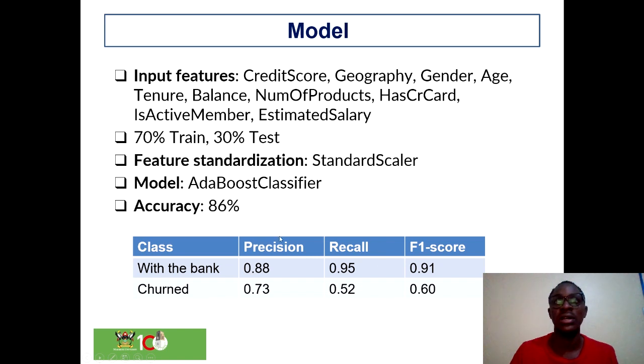So these were the results from the classification report. As we can see, the accuracy was 86%, but it is evident that the model was doing much better with the class of the people that stay with the bank, and worse with the people that churn.